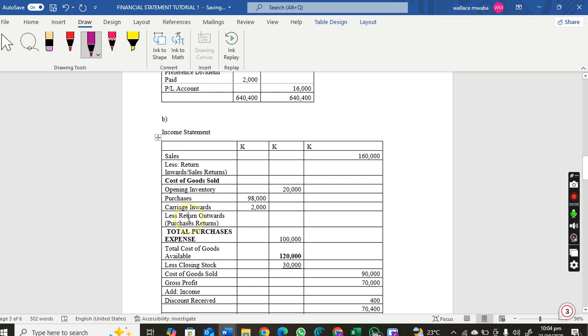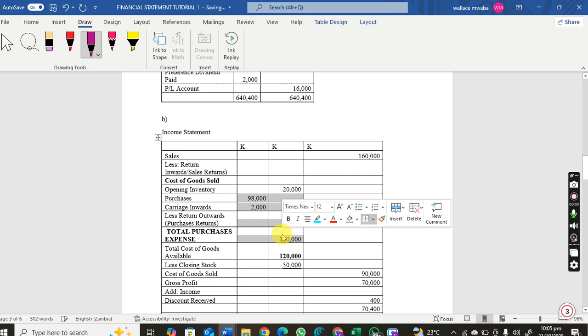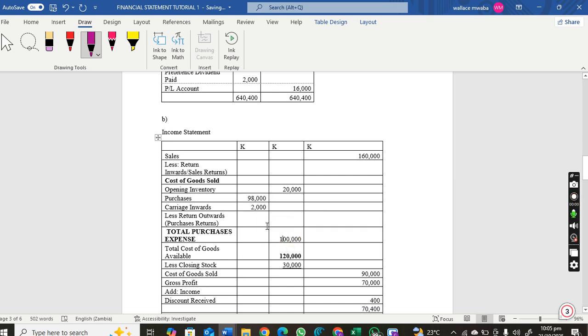So if there's any return outwards, you have to subtract it. You add purchases plus carriage inwards, then you subtract return outwards, then you have your purchases expense.